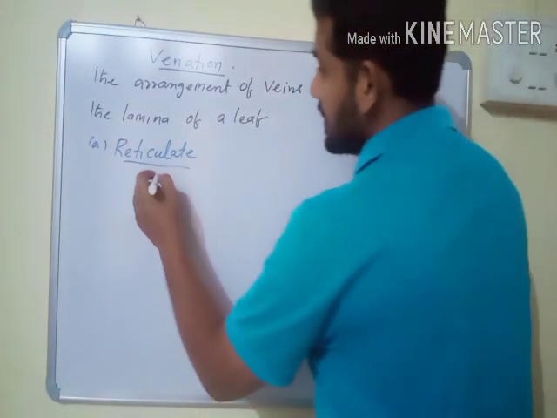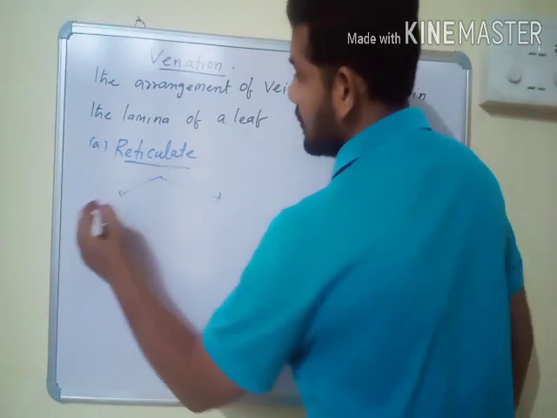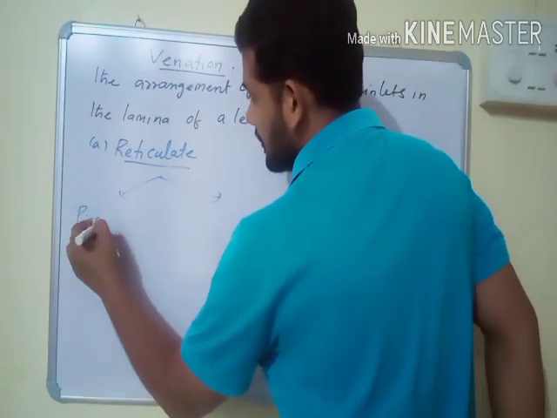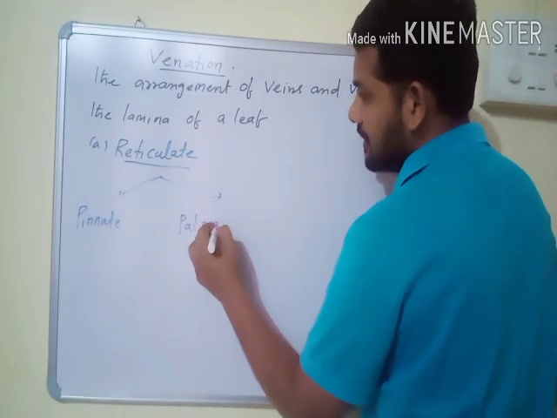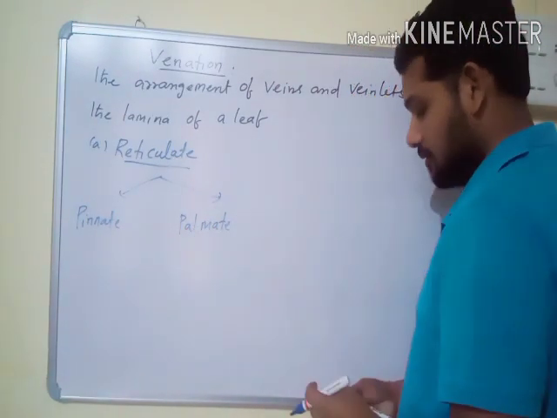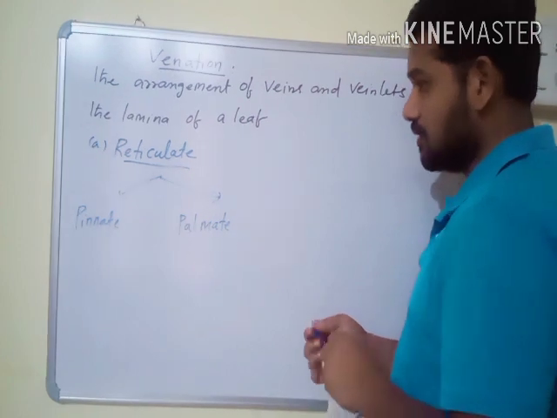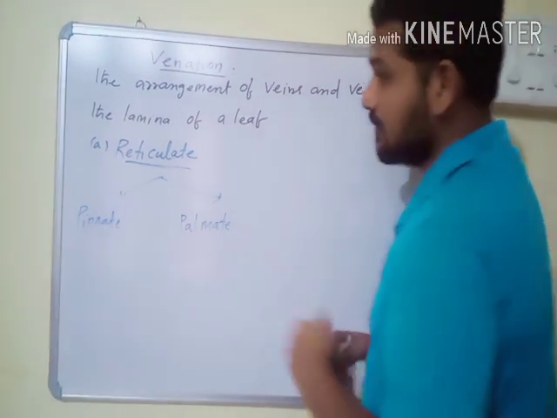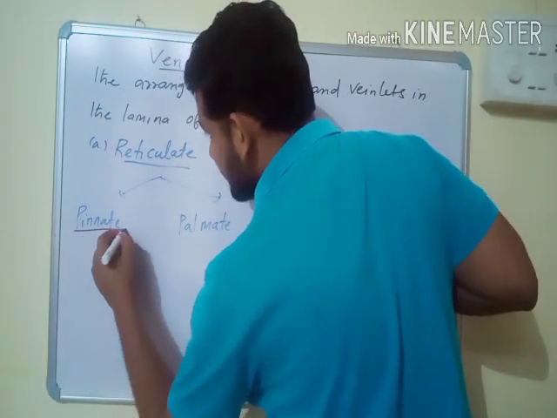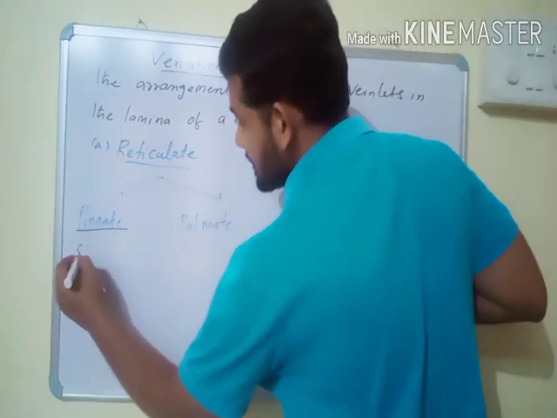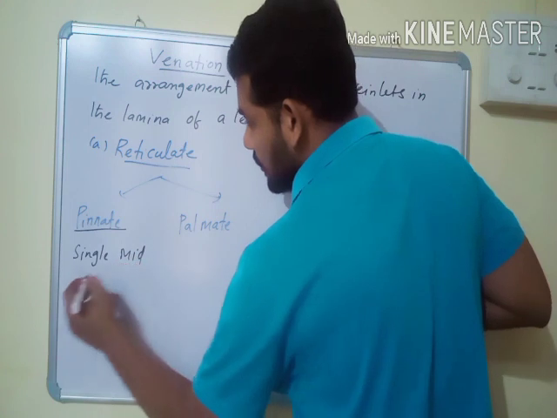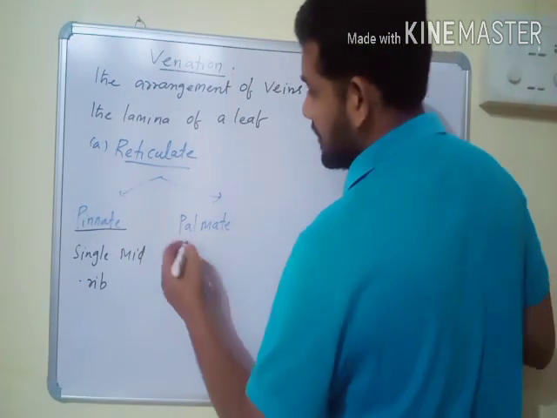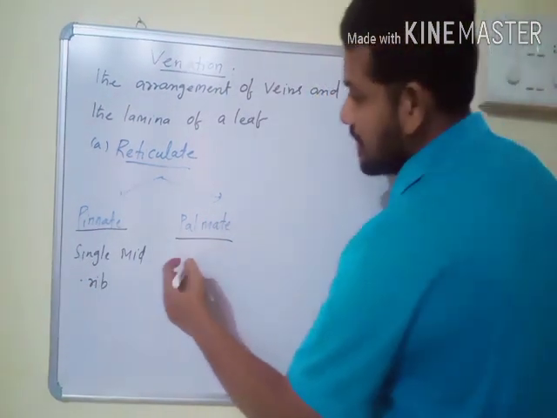Reticulate venation is again of two types: pinnate reticulate venation and palmate reticulate venation.